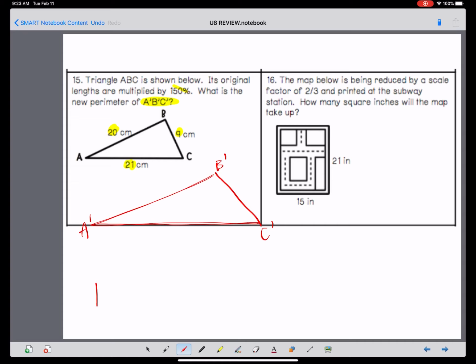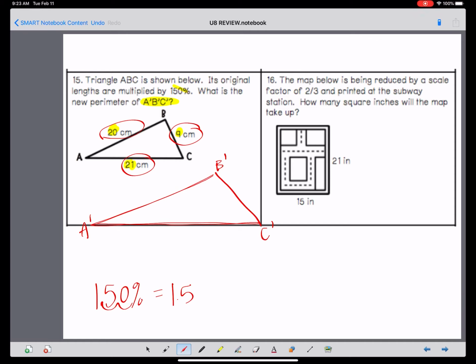Well, let's talk about percents real quick. 150% in decimal form, you just move your decimal 2 places over, so that's equal to 1.5 in my calculator. So that means I'm going to just take all of my side lengths and multiply them by 1.5. So let's go ahead and try that.